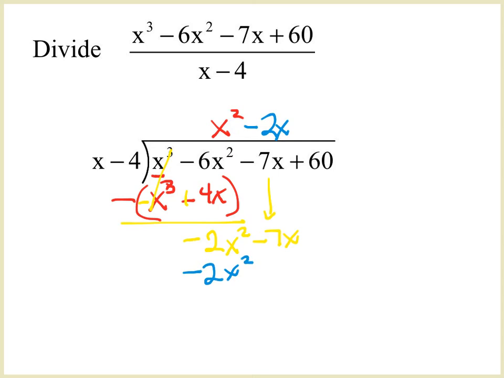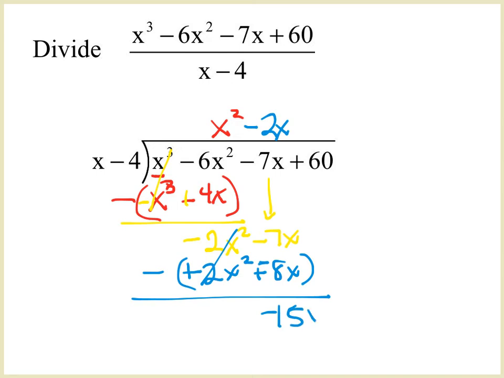And negative 2x times negative 4 makes positive 8x. Remember, I have to subtract everything, so it ends up changing my signs. What I'm left with is negative 15x, and then I bring my 60 down.